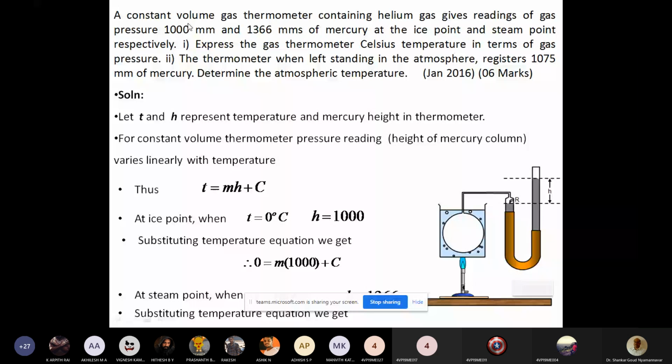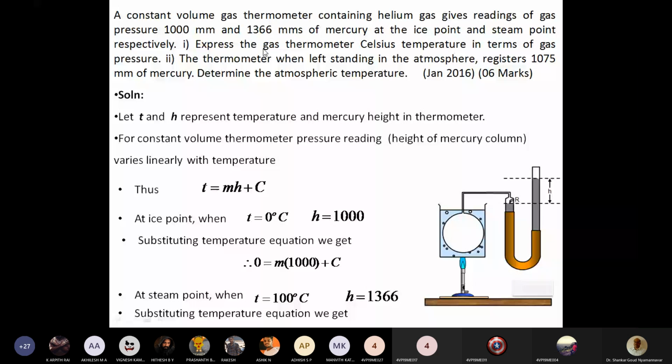At ice point, mercury height is 1000. So T = 0, H = 1000. If I substitute these values in the equation, 0 = M into 1000 plus C. And at steam point, T = 100, H is 1366. Then I substitute this in the equation.